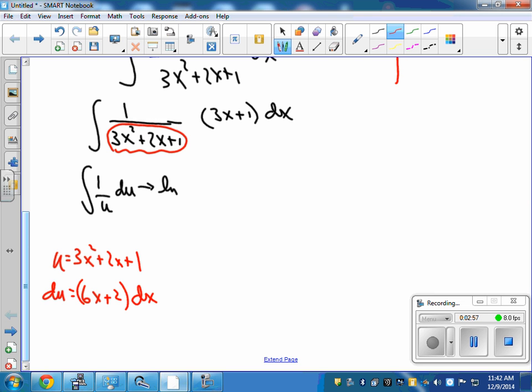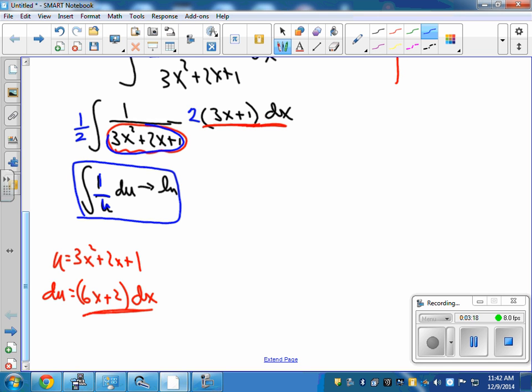Okay, but looking at my problem, I do have 3x plus 1. And if you compare this with what you need, you say, ooh, all we're missing is a factor of 2, which we're allowed to put in. So I'll put a 2 in and a 1/2 here. Now my problem does match this pattern. I have 1 over u, here's my u, and I have the correct du, which is 6x plus 2 dx.